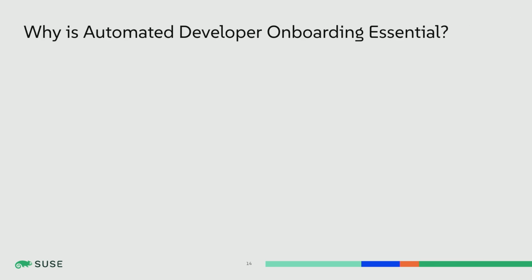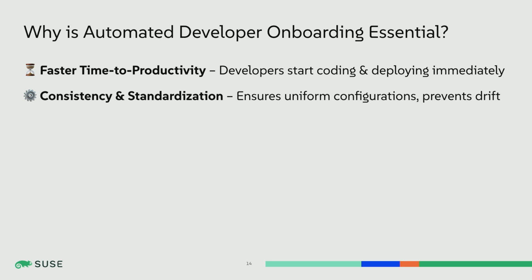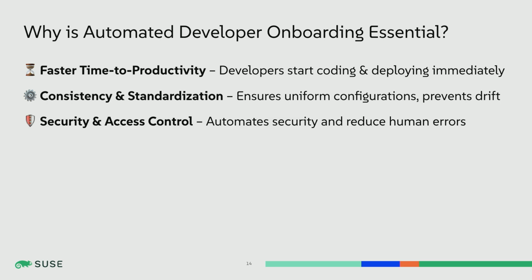So why is automation so crucial in that environment? First, it shortens the time to productivity for the developers. Developers can start coding and deploying right away instead of struggling with manual setup. It also brings consistency and standardization across teams, preventing drift in configuration, reinforcing the security, reducing human error, and ensuring the right people have the right permissions.